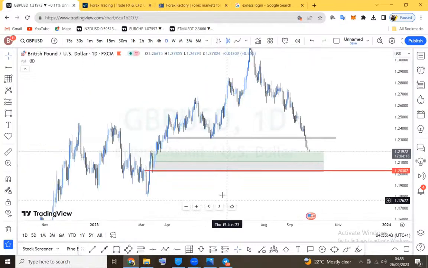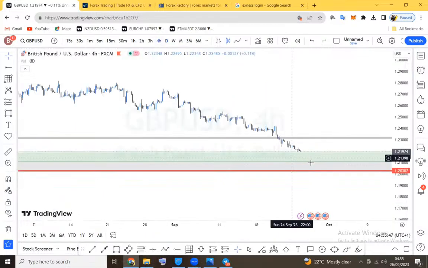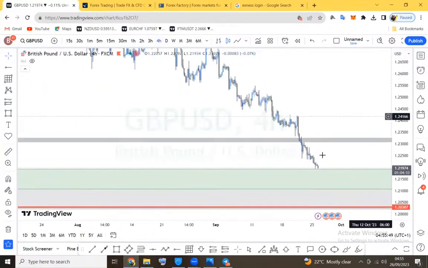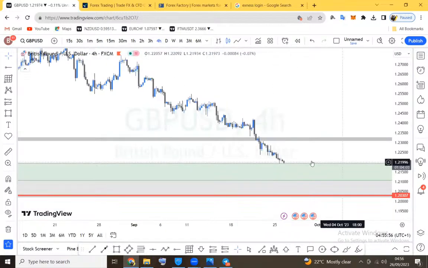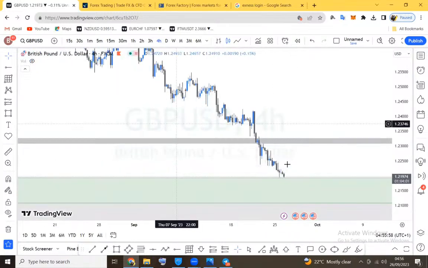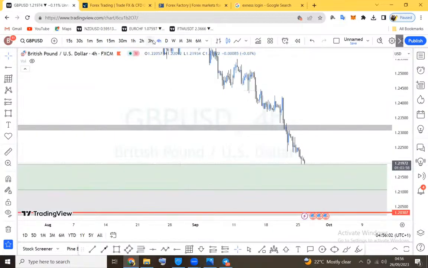So it is very vital that we pay keen attention to this entire structure. And you know, at any time, any fundamental could come in to favor GBP, and we may have a massive pullback. But still, we are in a downtrend.